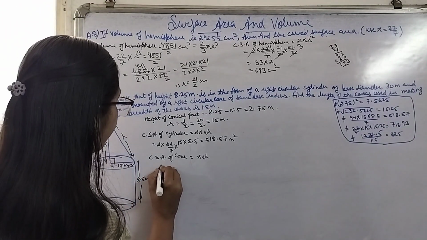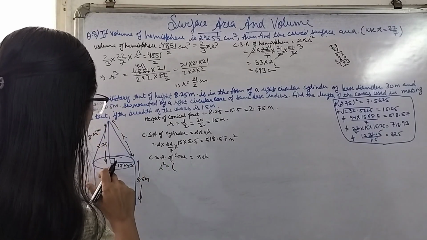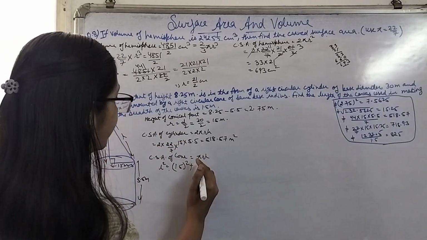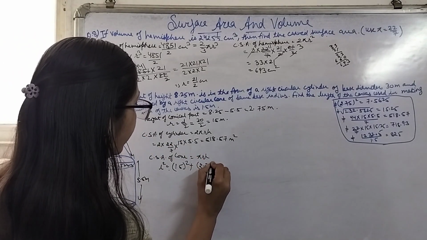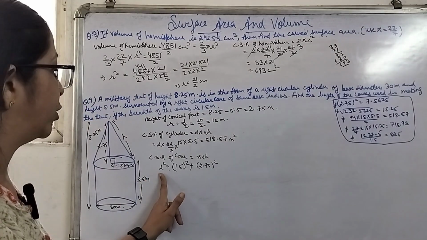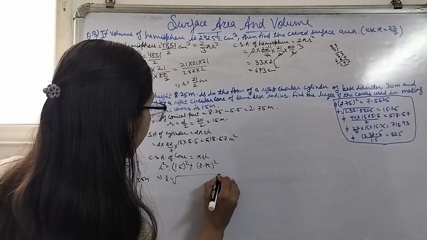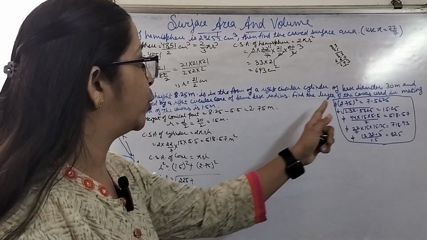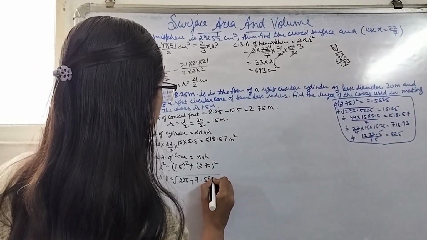So L square is r square, that is 15 square, plus h square, that is this height square, 2.75 square. So L will be the square root of: 15 square is 225, and the square of 2.75 is 7.5625.